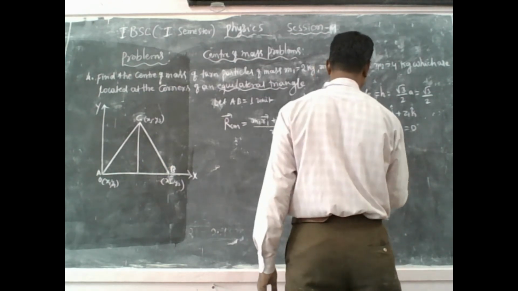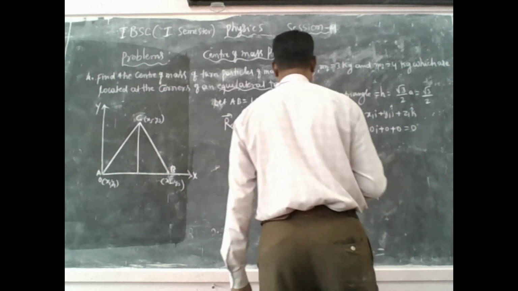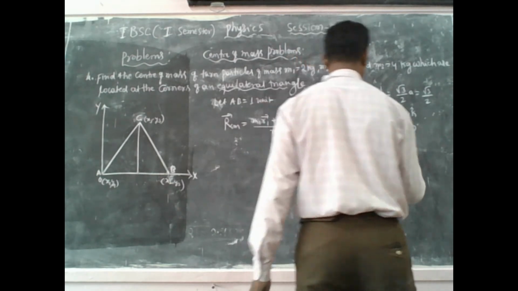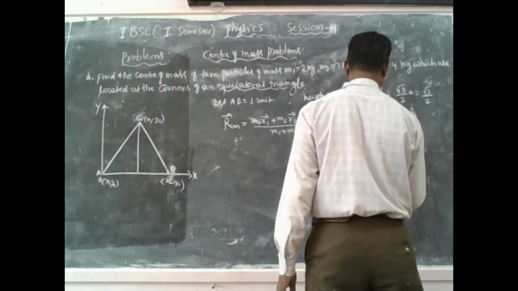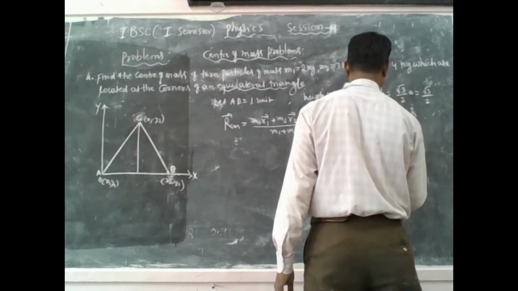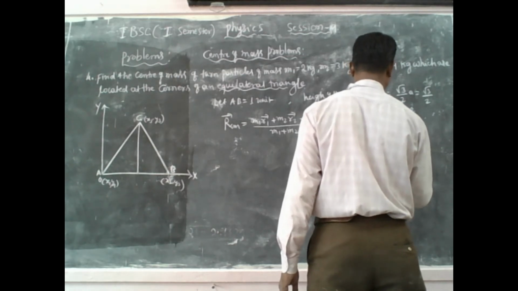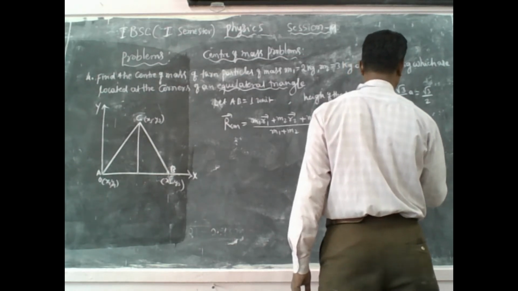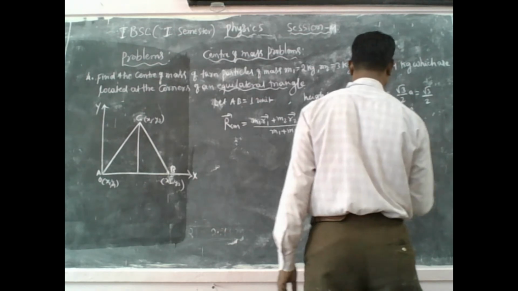And R2, the position vector R2 equals x2 i plus y2 j plus z2 k.